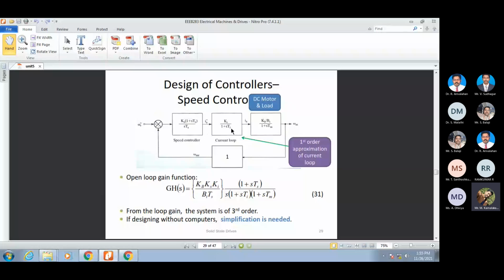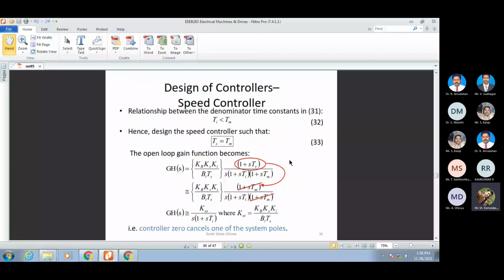Now we are entirely combining the speed control loop with the current loop and the motor with load. Then the equation becomes third order, and just as for the current controller, we approximate it into second order. Like that, here also we make a third order system into a second order system.